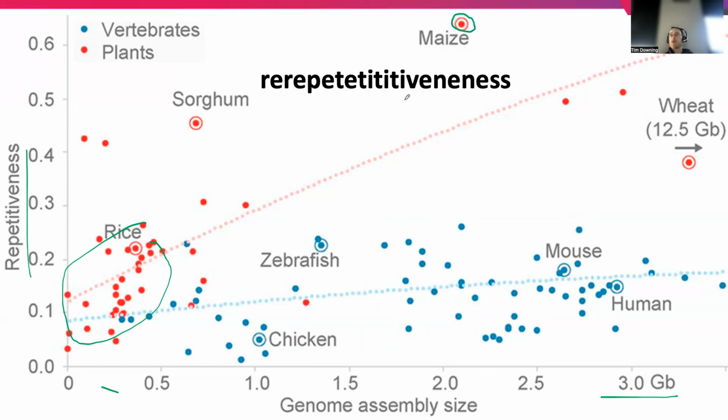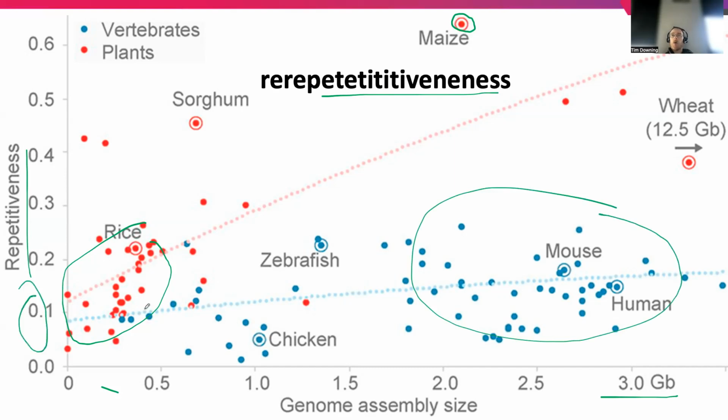Now, those repeats could be functional, but it certainly means that if we're trying to figure out this issue of repetitiveness, our challenge is more complex. So if we're dealing with host genomes, that might be somewhere out here, our challenges are very, very different compared to viruses, which might be somewhere around here, where the level of repetitiveness is considerably reduced.